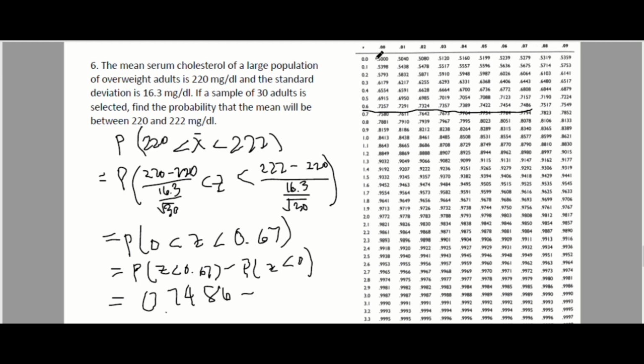And then 0 is 0.5. So the final answer is 0.2486. So the probability that the mean of these 30 adults is between 220 to 222 mg per dl is 0.2486. So it's somewhat low.